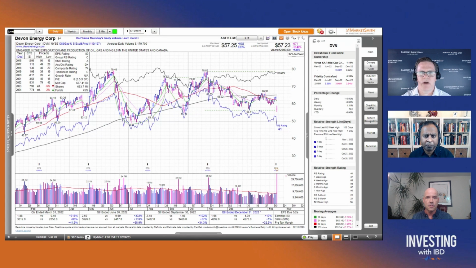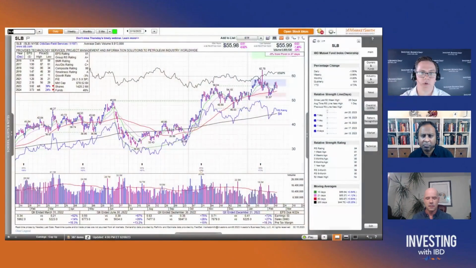Right. And what about rotation within a sector sometimes? Because with oil and gas, energy, there's a lot of different components to it. You've got the explorers and producers, and it seems like a lot of the breakdowns you were talking about were happening in that area. On the flip side, you have your field services like Halliburton and SLB, and field services is the number one group out of 197 groups right now.